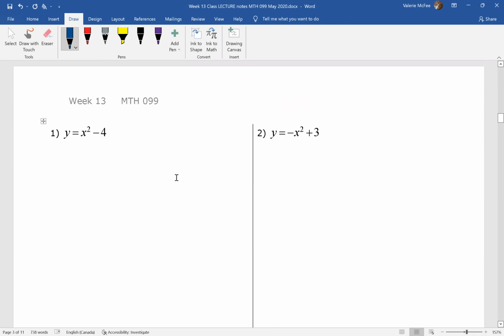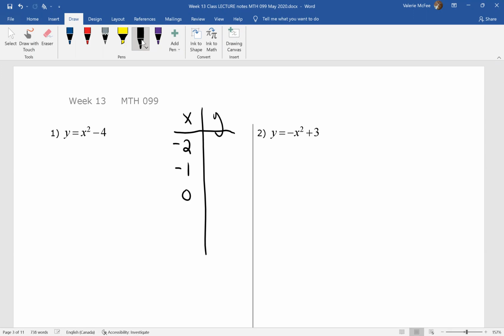Let's make a table of values here to start. And so that we're both using the same numbers, why don't we try x equals -2, -1, 0, 1, and 2. Pause your video, find the values of y for this equation.